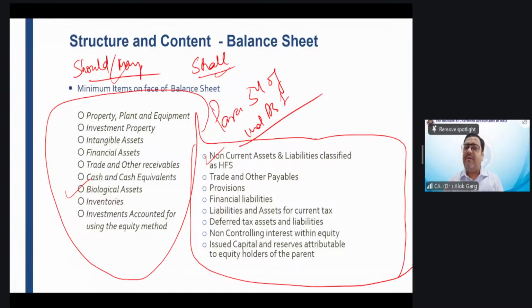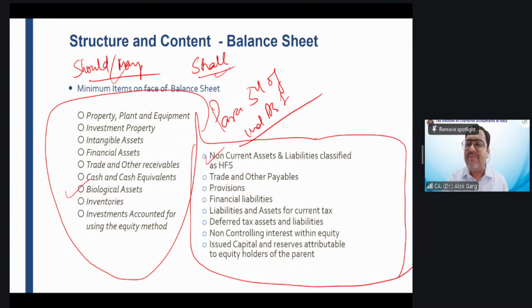So minimum is mentioned, which means minimum, not maximum. Everybody is saying compliant. You're absolutely right, friends. The standard says that as a minimum, these line items have to be presented when there is an amount, when these line items are applicable to the company, either in the current year or in the previous year.